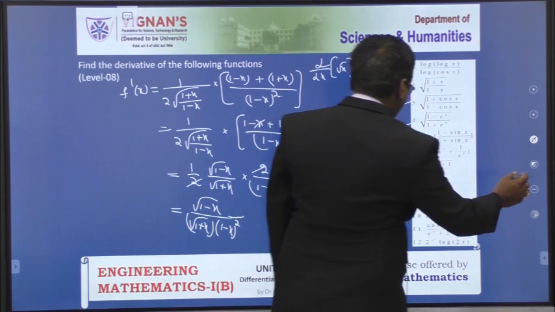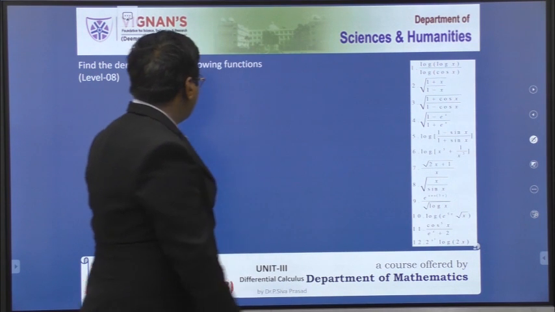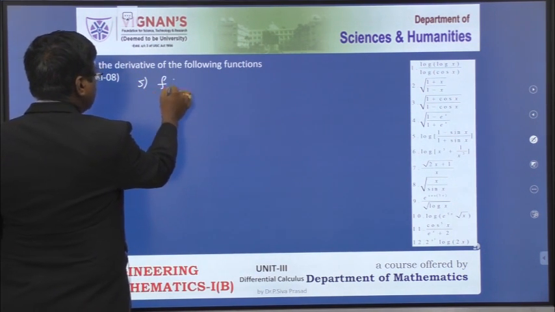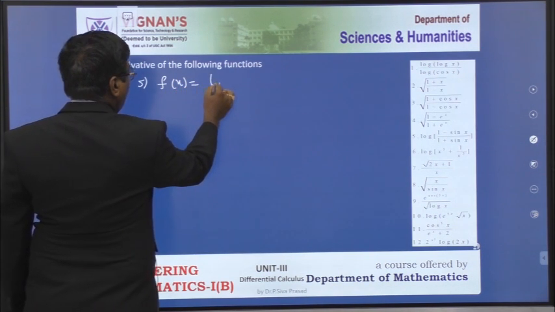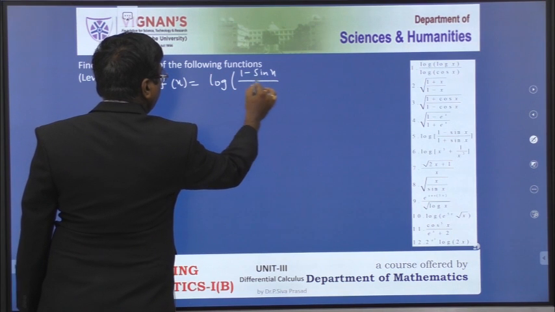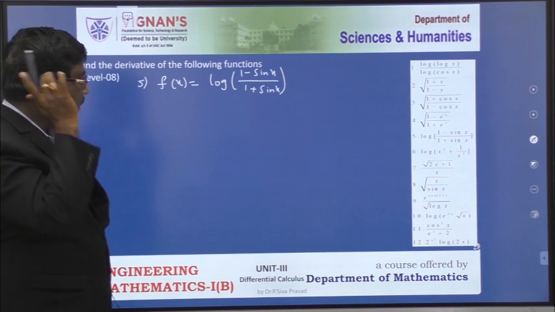Okay? Now, coming to the 5th sum. So, f of x is equal to log of (1 minus sin x) by (1 plus sin x).